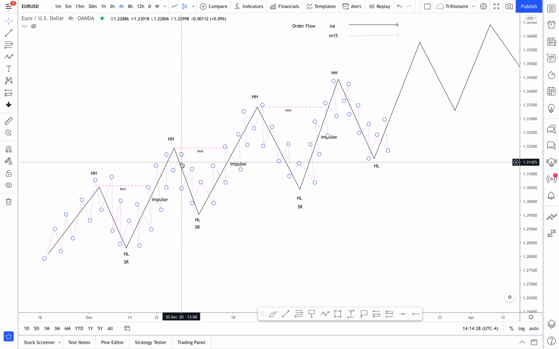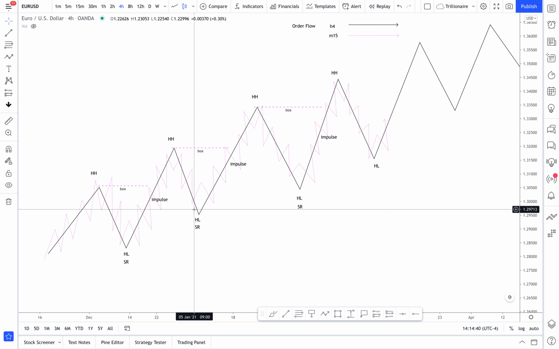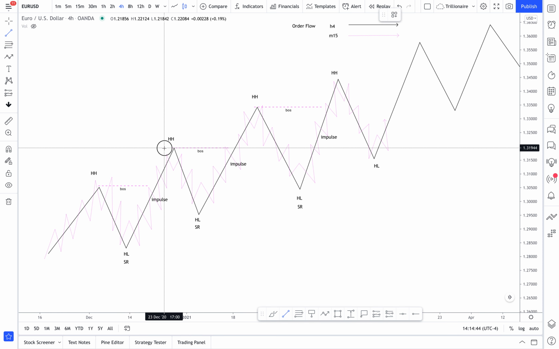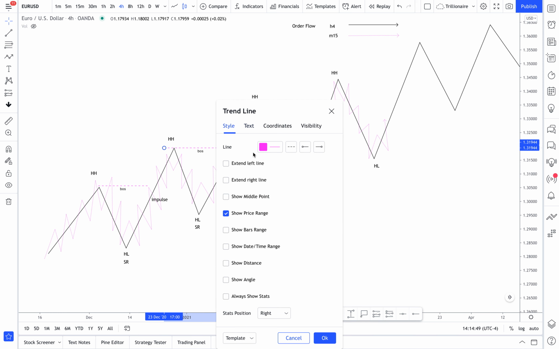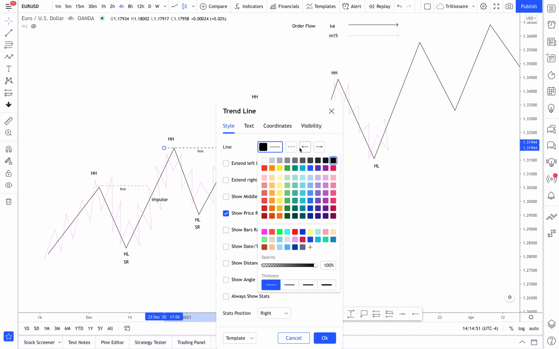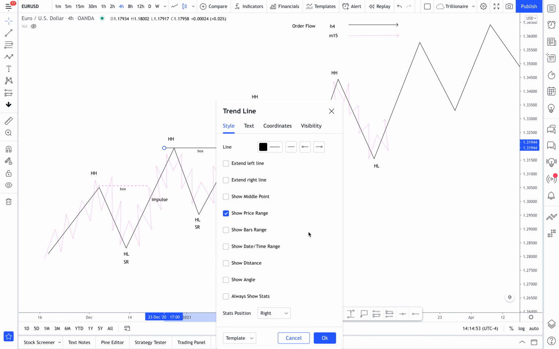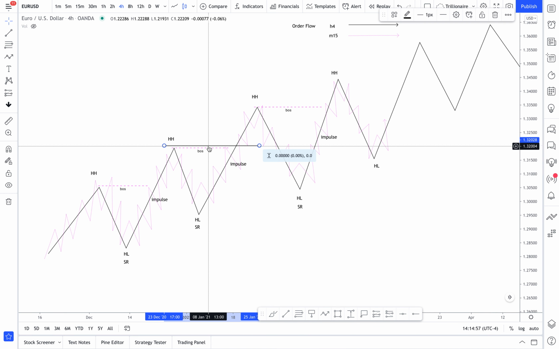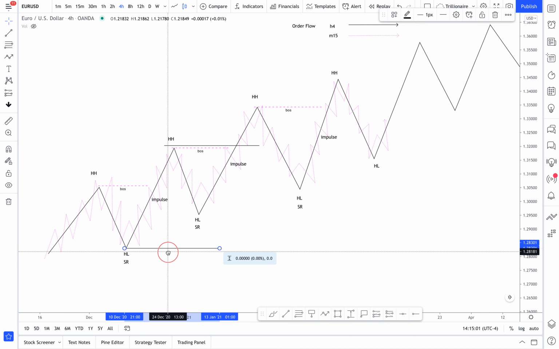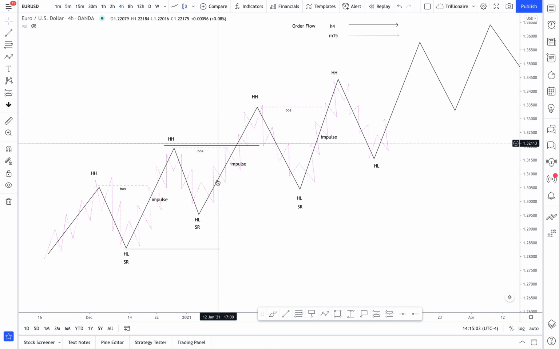Okay, so when you see the M15 is in a downtrend, all right, what you need to do is you need to mark your highs. We'll make this black, solid line. You need to mark your highs and your lows of that higher time frame in order to really understand what flow the market is in.